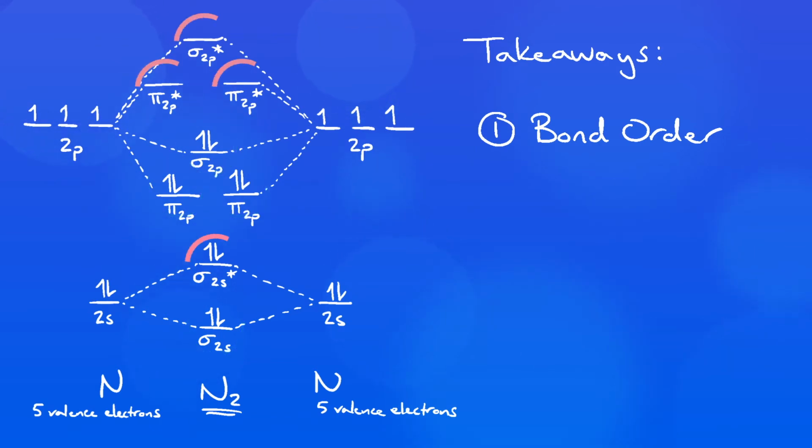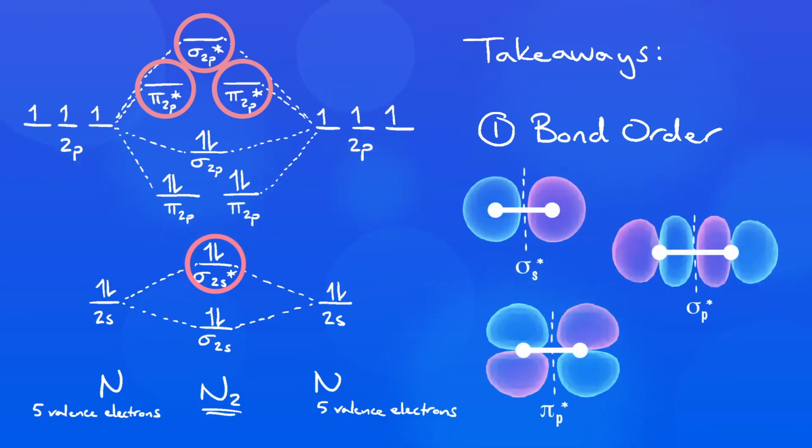On the other hand, antibonding orbitals exhibit all the opposite traits. Spatially, their electron density is divided by a node along the bond axis, and since their energies are all higher than the original atomic orbitals, each electron that a molecule has to put into an antibonding orbital represents an energy cost.